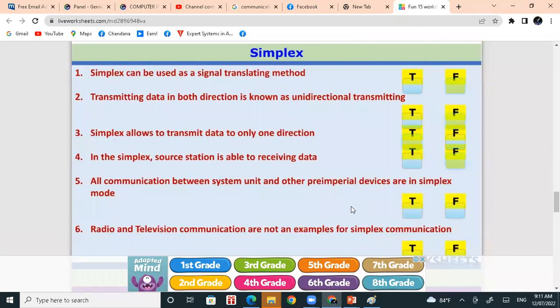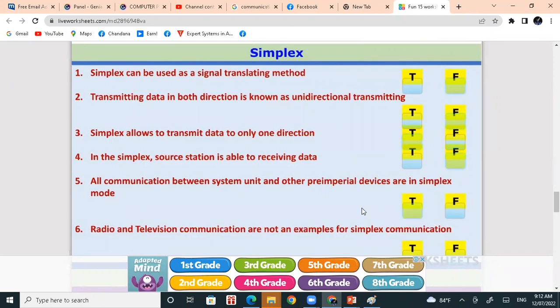I mentioned that earlier as a second example of the simplex method. All communication between the system unit and other devices of the computer is considered as simplex mode. Therefore, the statement is true.